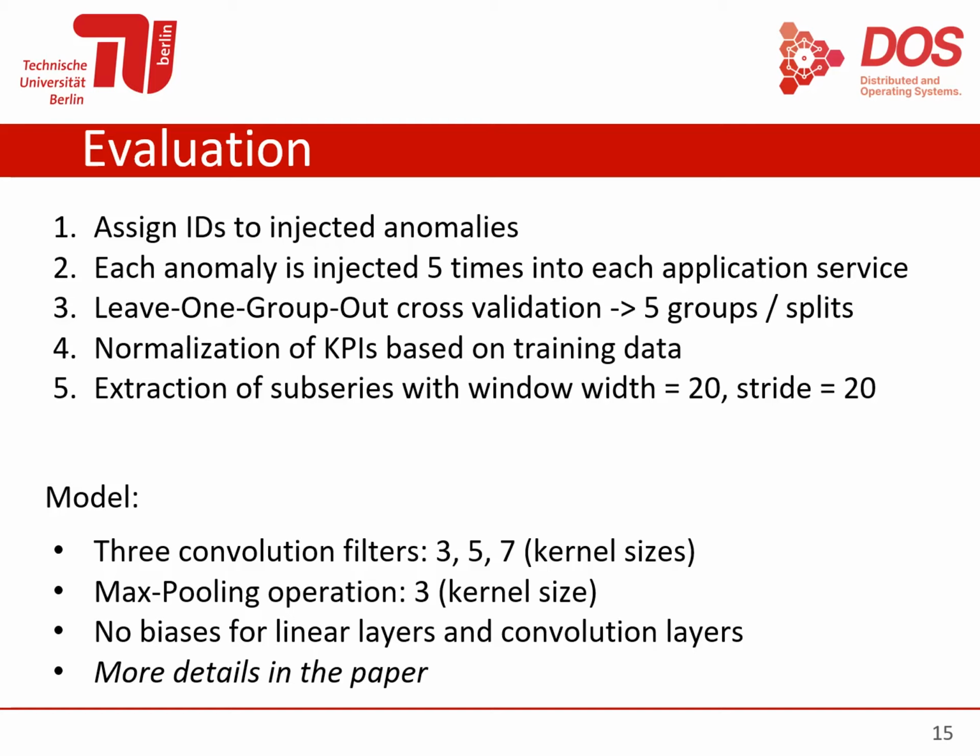The normalization of the synthetic KPIs is then based on the training data. We also extract subseries of the synthetic multivariate time series, aka KPIs, with a window width of 20 and a stride of 20. We do so to operate on fixed-size input data.